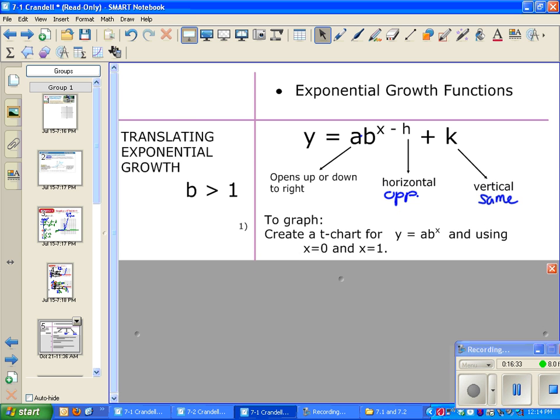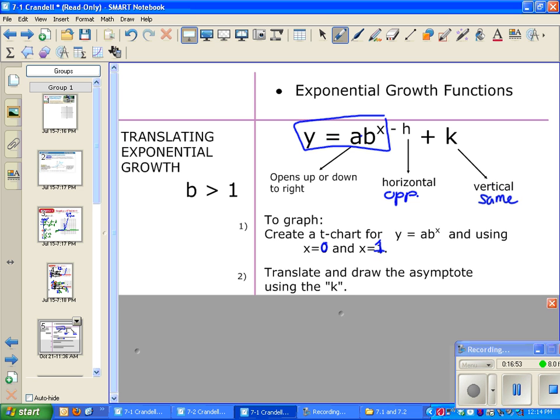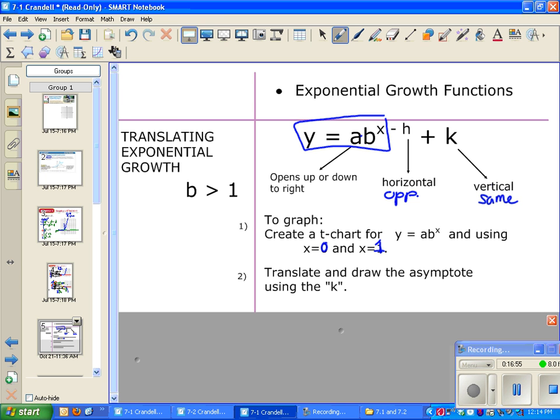Okay, so to create a graph, remember we said x equals 0 and 1. Once we know what it looks like, we can just use 0 and 1. So please pause this, write this down. Okay, we're going to create a t-chart, and we're just going to graph this part. Just like we did on square roots and cube roots, it's the same idea. Okay. Then we're going to translate and draw the asymptote.